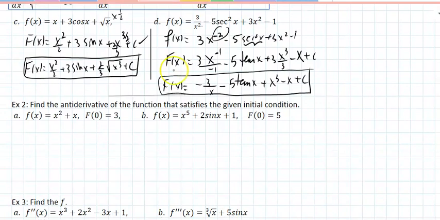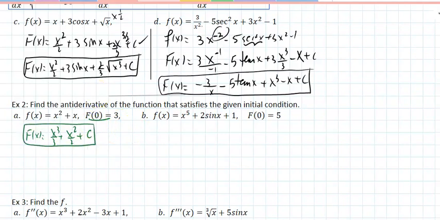Now, to find c, they give us initial conditions. Find the antiderivative of the function. Well, to start with, we say F of x is add 1 to the power, divide by that, add 1 to the power, divide by that, plus c. That would be the answer, except if they gave us initial conditions, this is a point on the graph of capital F. When x equals 0, y equals 3. 3 equals 0 plus 0 plus c.